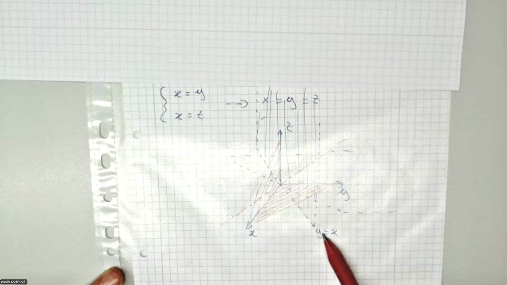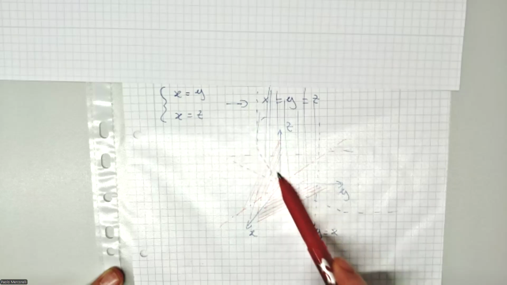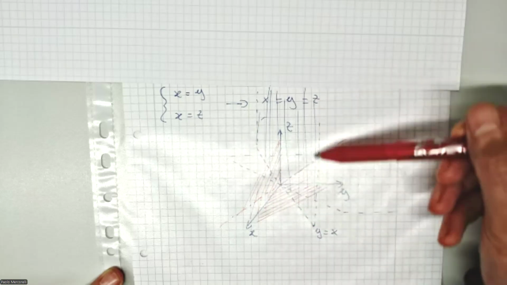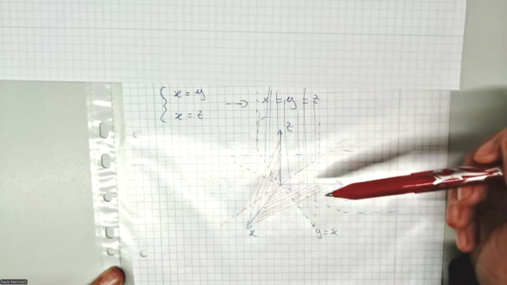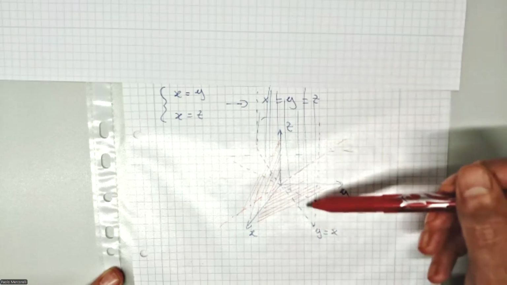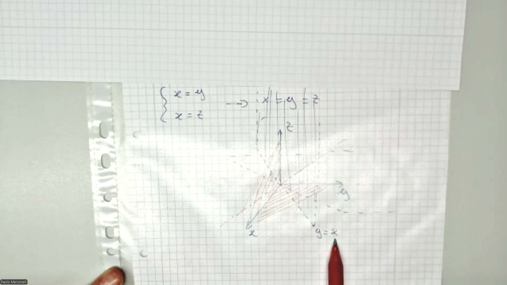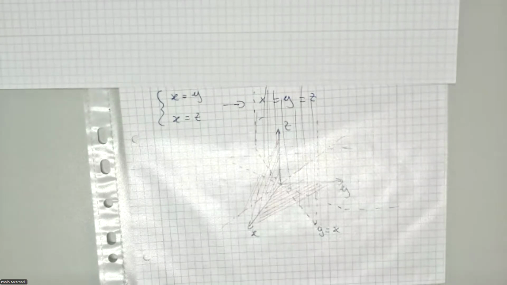Because I have this line here. The plane is going up, let me say, for each Z, because Y equals X means for each Z. Z is not specified.